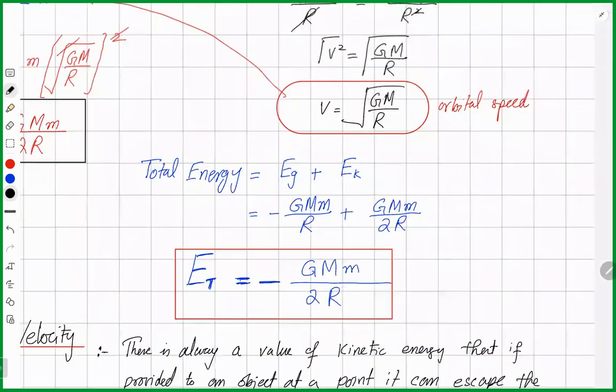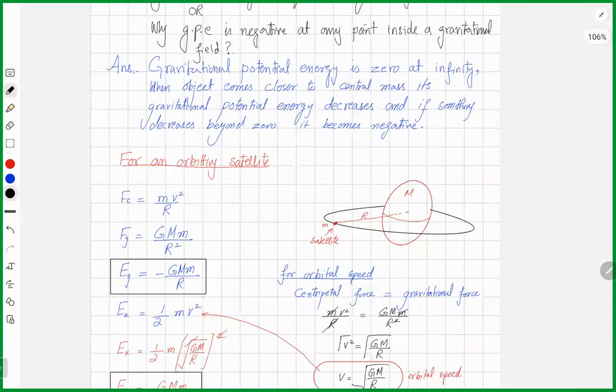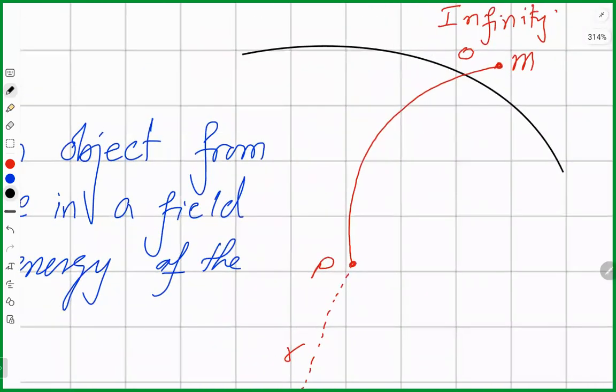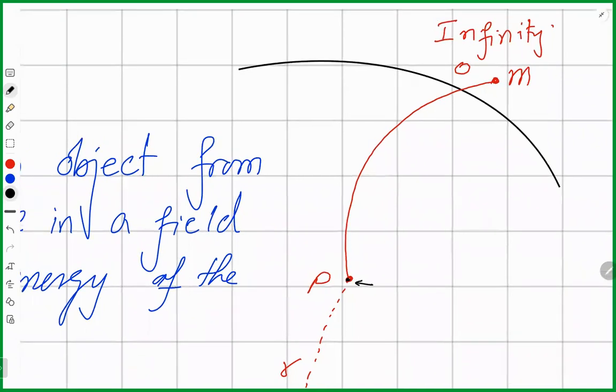Let's go back to the point that we brought into the field in the first place, for example this point P. Is it possible to make it go back to infinity again? In that case, how much energy do we have to put in? At this point, this object has a total energy of minus GMm over 2r.